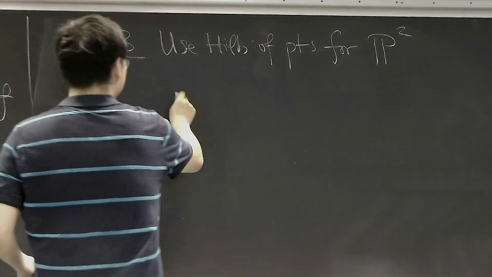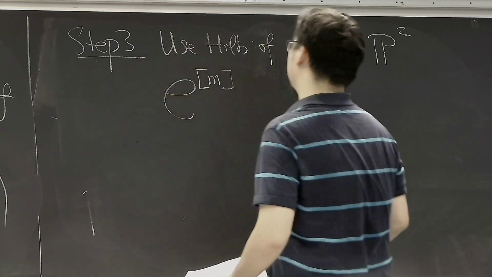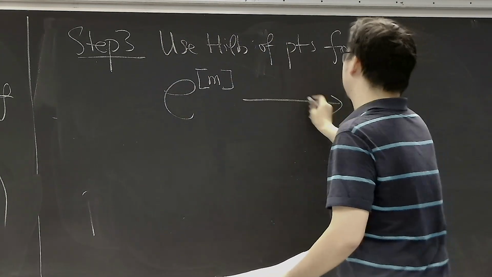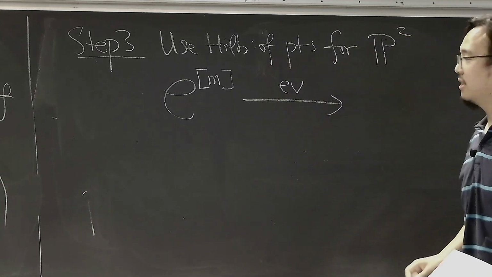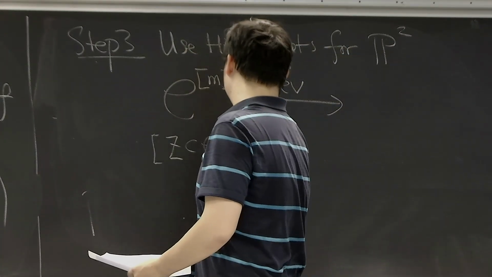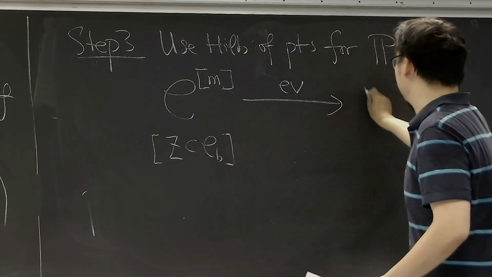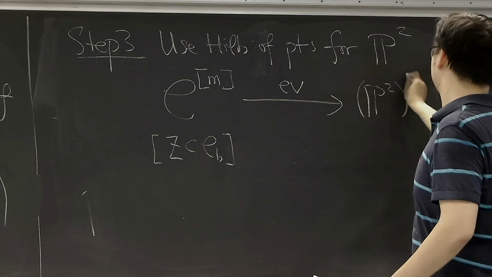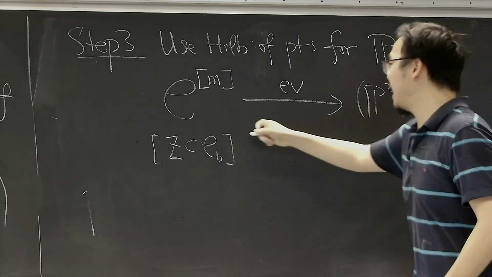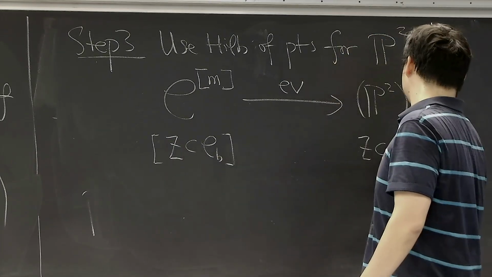The observation is that if you consider the relative Hilbert schemes, there is a natural evaluation map, because this parameterizes Z, which are subschemes in C_B. But C_B lies naturally in P^2, with the same number of points. So this is just a forgetful map: you forget about C_B and just remember Z as a subscheme in P^2.